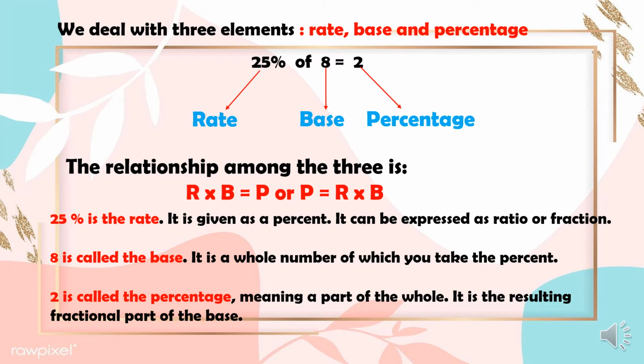It can be expressed as ratio or fraction, while 8 is called the base. It is a whole number of which you take the percent. And 2 is called the percentage, meaning part of a whole. It is the resulting fraction part of the base.